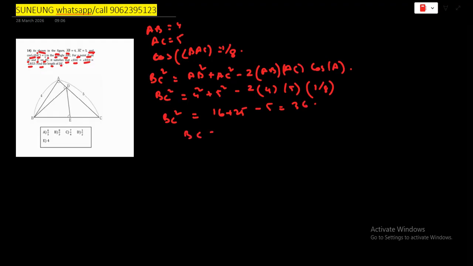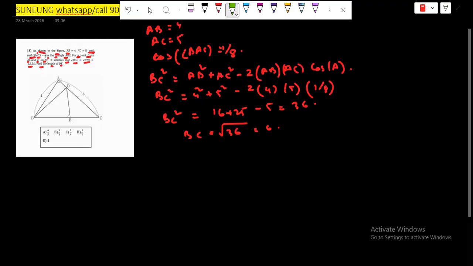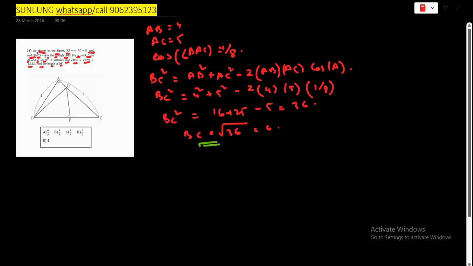So BC is root 36, that is 6. Now BC is a perfect 6. It's clean, it's elegant, it's suspicious also. Now in Suneung, if the number is clean you are on the right track; if you got root 37.2, you should probably start praying.